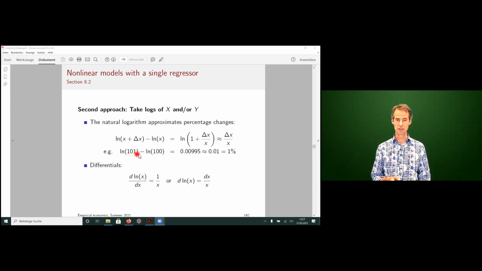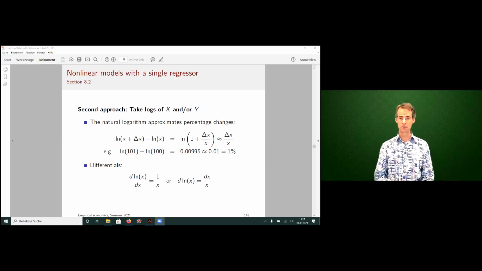Then the difference of the logs is 0.00995, which is roughly 1%. So we can see that the log difference is roughly the percentage change.